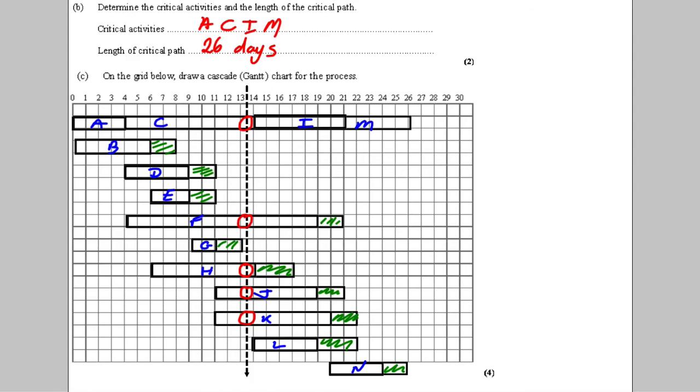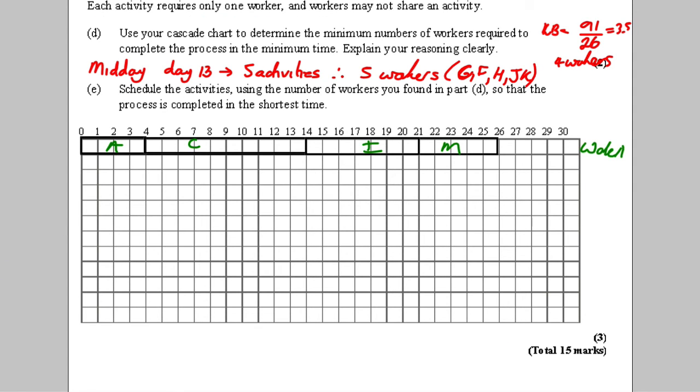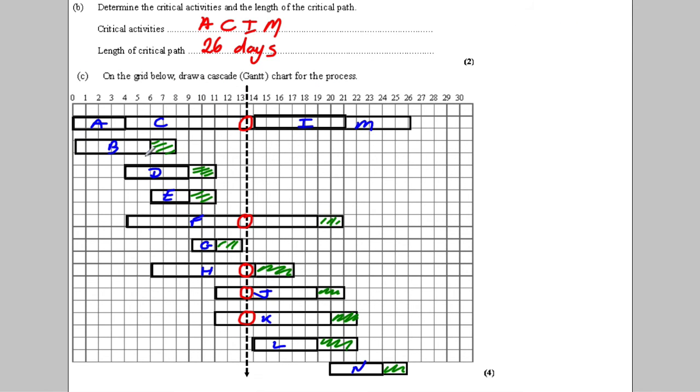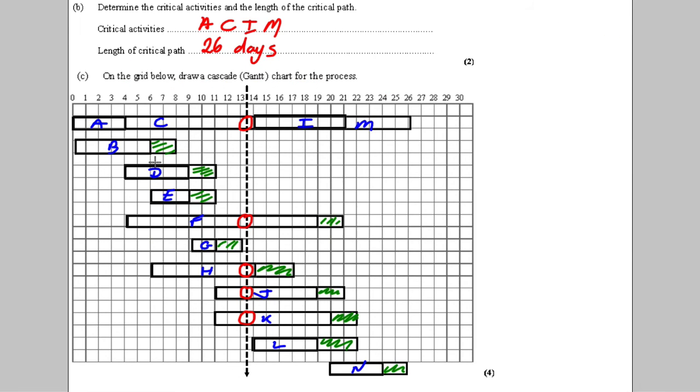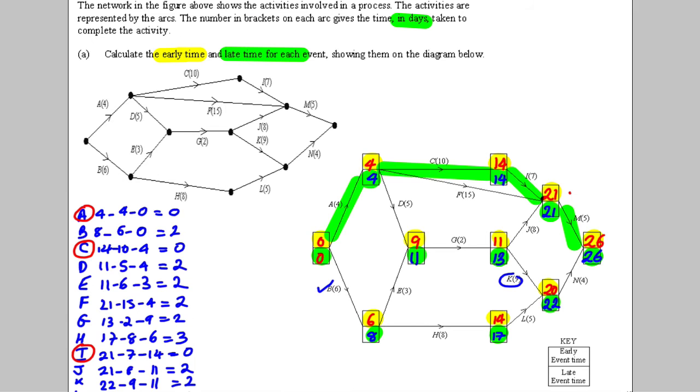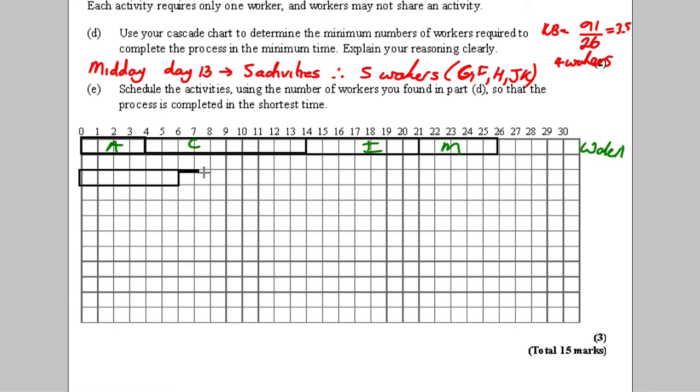So I could have B and D next. So B is from 0 to 6. And then I could have D slotting in there, which I could do from 6 to 11. That was B and D.